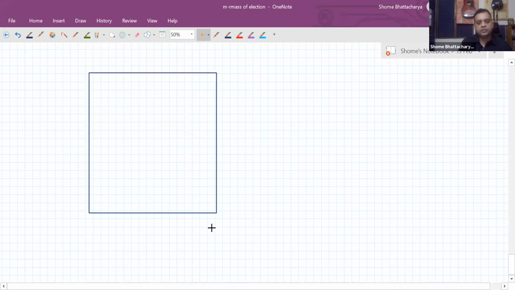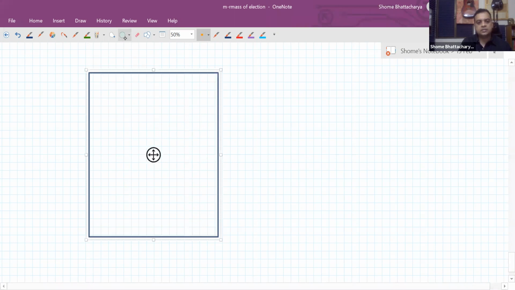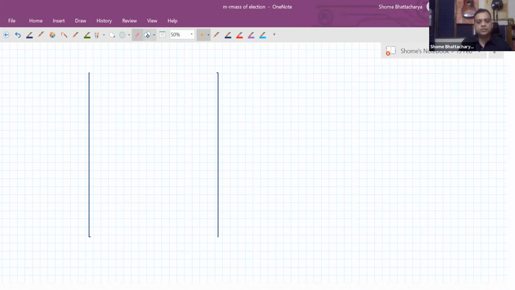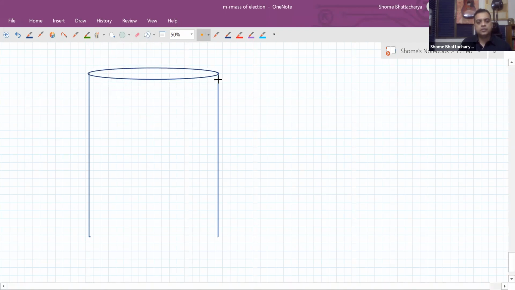So if we have a wide vessel like this, an open tank kind of situation, with a small opening at the bottom.